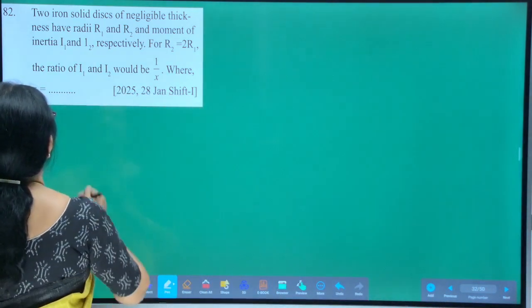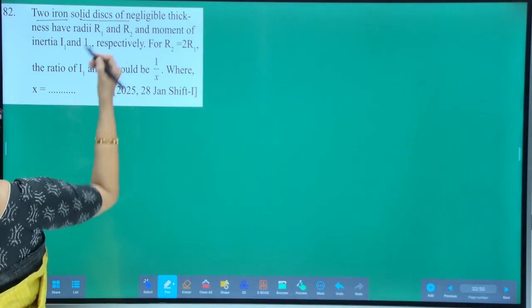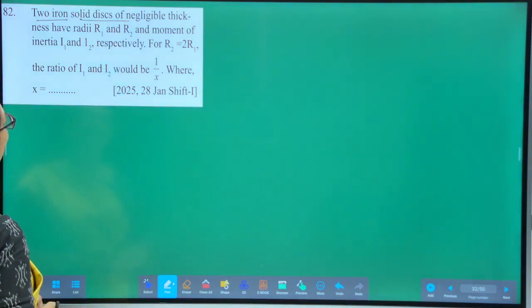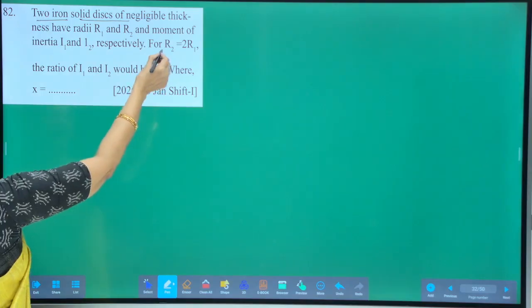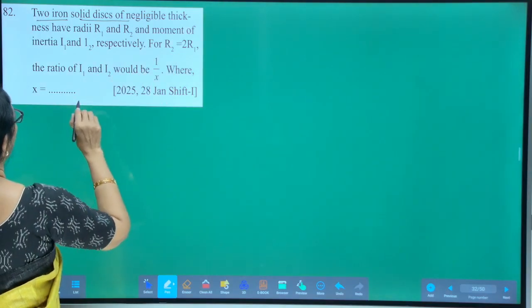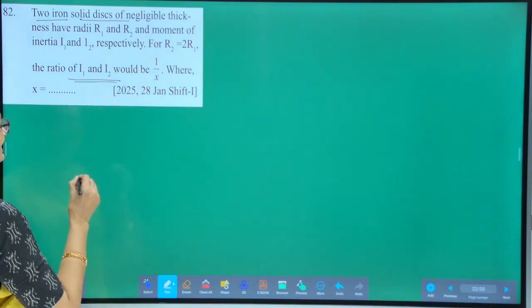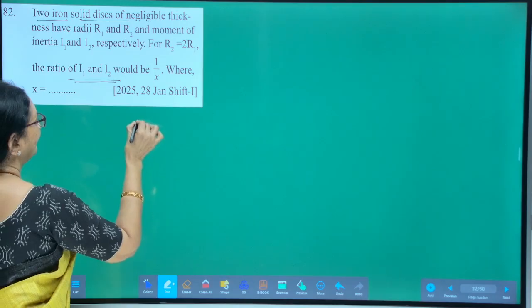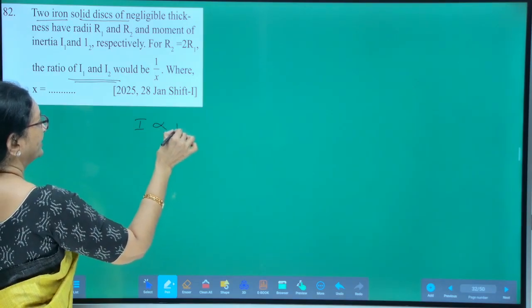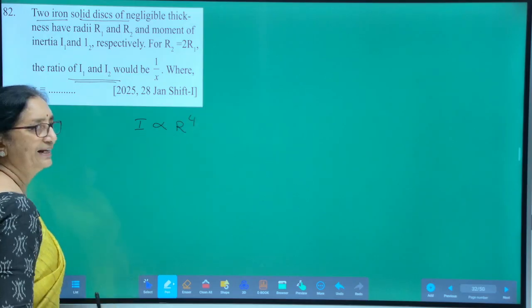Two iron solid discs of negligible thickness have radii r1, r2, and moments of inertia I1, I2 respectively. For r2 equal to 2 r1, what would be the ratio of I1 and I2? See here, moment of inertia is proportional to r to the power of 4, isn't it?